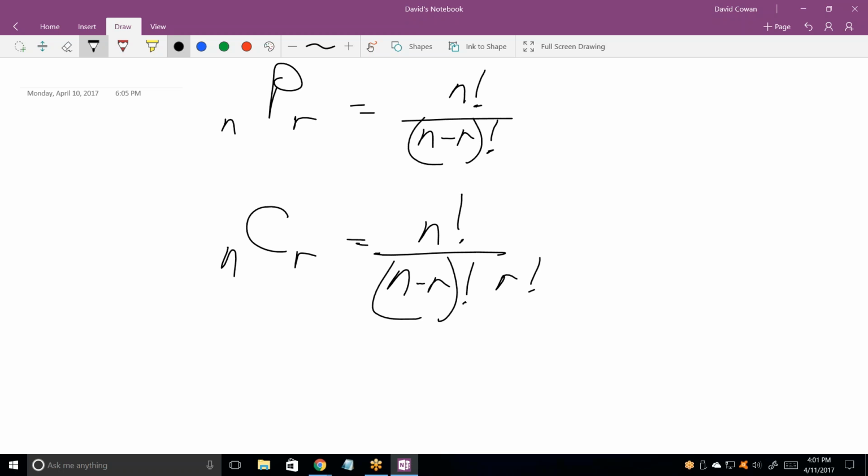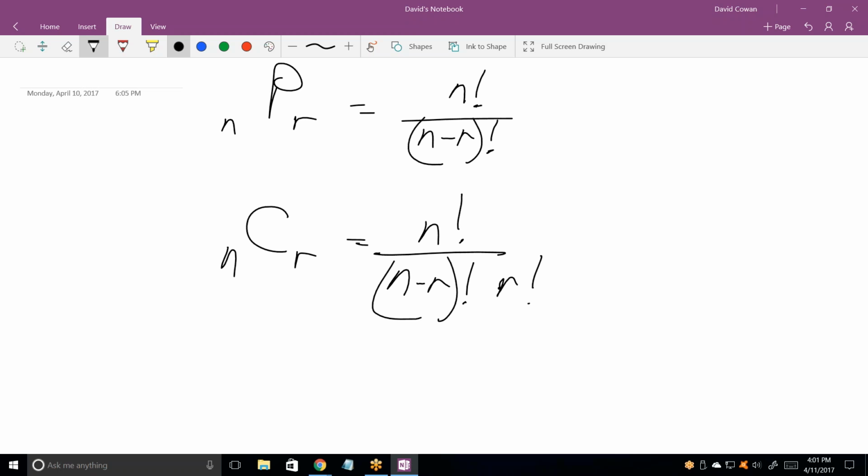The way I remember that is, I know it starts out the same, but it ends up with 2 N's and 2 R's in it. By the time I get to this point, there's only one term that could be left, and that's R factorial. That's the only way I could have 2 N's and 2 R's.